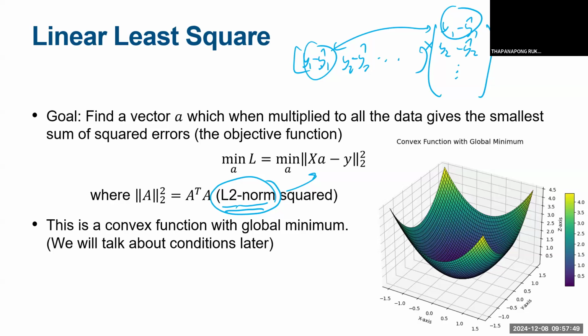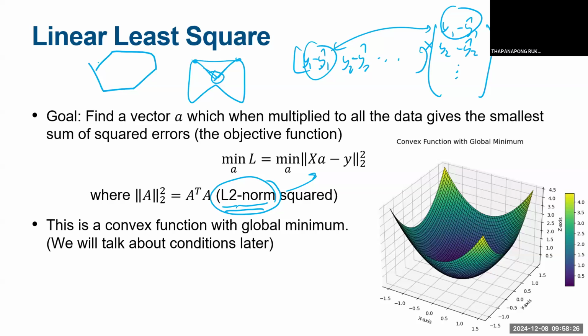So it is the same formula that we had before, but we just write it in the matrix form. And this function, when you use the L2 norm, is convex. A convex function is a function where all the boundaries form a polygon, something like this is convex. But if you draw it something like this, it is not convex, because when you go from one point to another, it's actually outside.